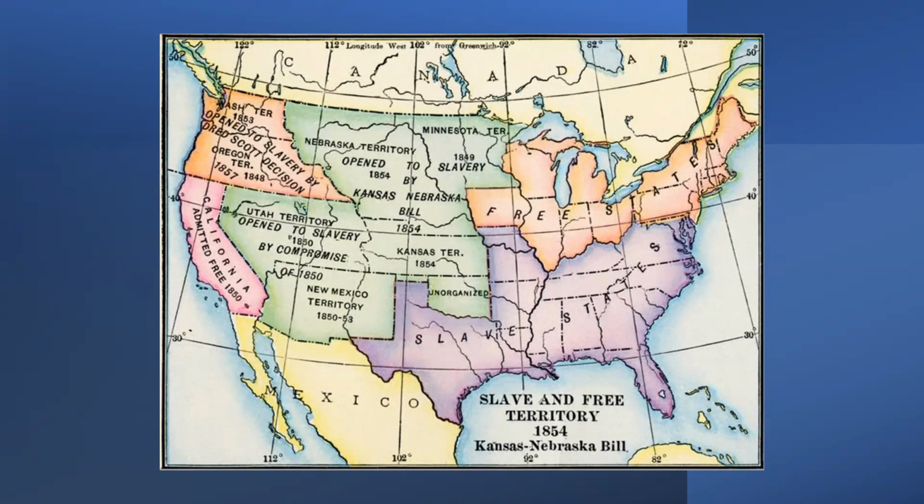The territory to state arrangement was acceptable providing there was a balance of free and slave states. When the United States gained the New Mexico and Utah territories, political passions rose.